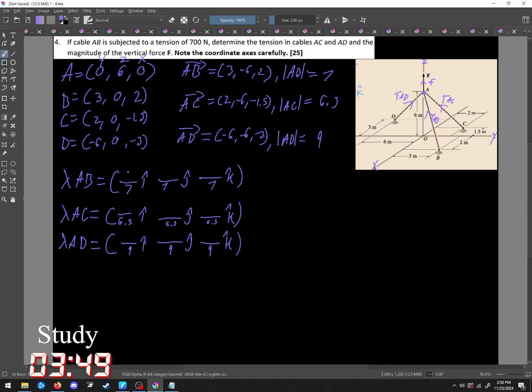And at the top, we're going to have 3, -6, and 2, 2, -6, -1.5, and we're going to have a -6, a -6, and a -3. Now here, you might ask, well, let's see.